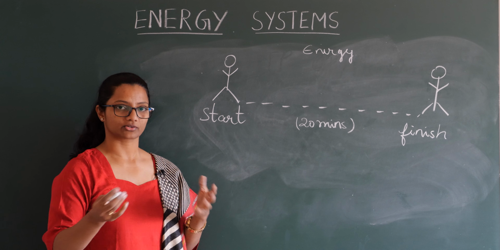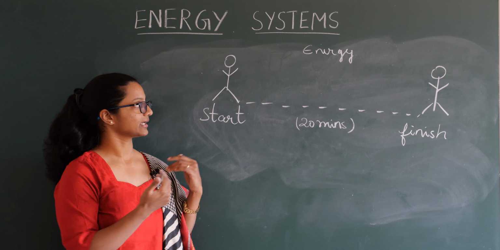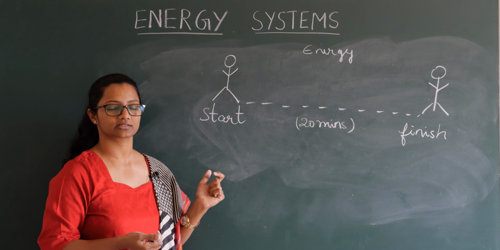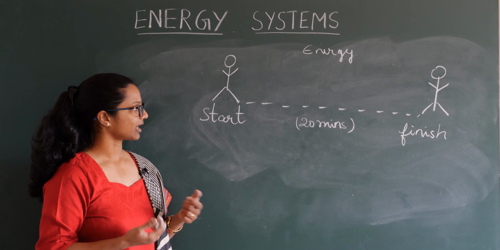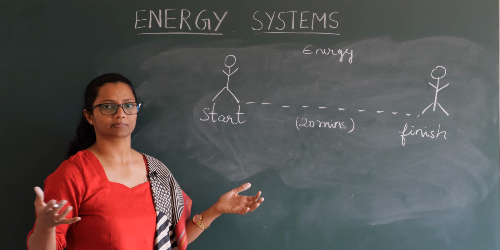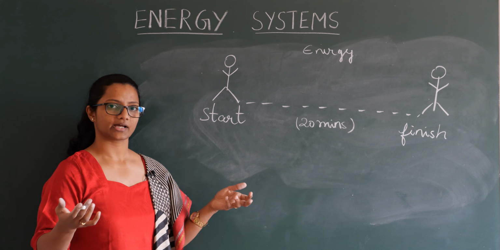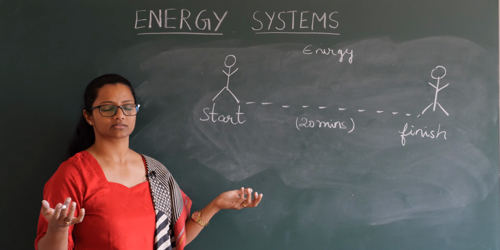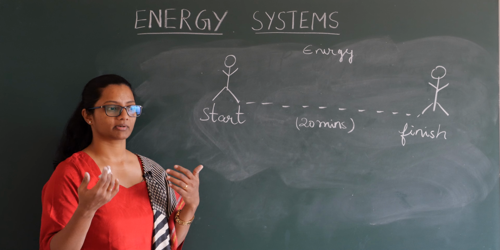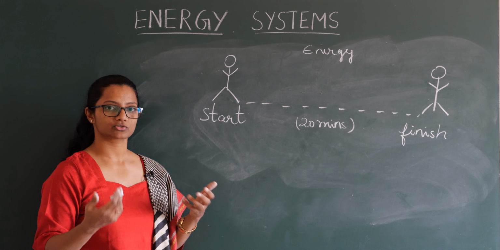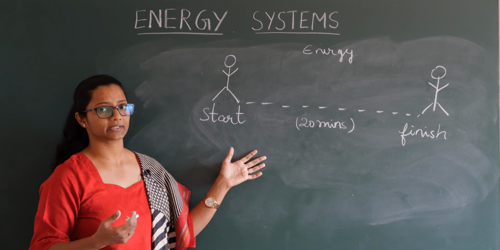Like I'm talking to you all, I'm explaining this concept on the energy system. Here my body requires energy for a prolonged period of time. Like this class will take at least around 20 to 30 minutes. So for this prolonged period, my body requires energy for me to talk and explain this.